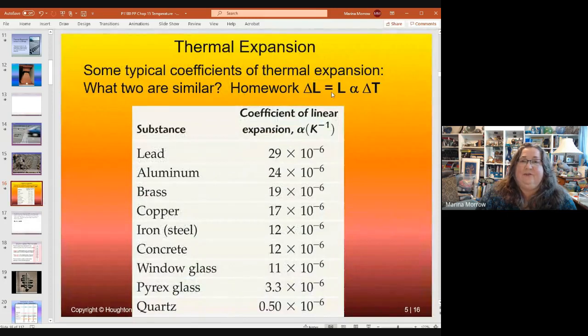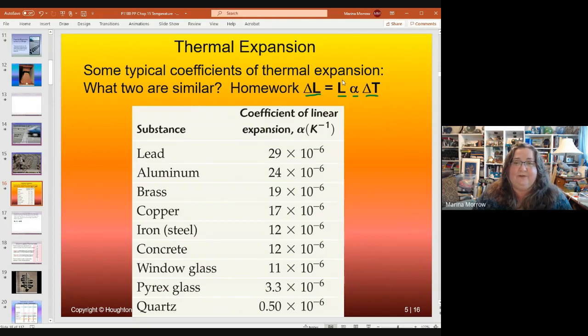Okay, now you do have some homework that concerns the thermal expansion. There's a formula which your book may have incorrectly. Some editions of the book were missing one of the parts of the formula. The formula says delta L, the change in the length, equals L, the original length, times alpha, the expansion coefficient, times delta T, which is the change in the temperature.